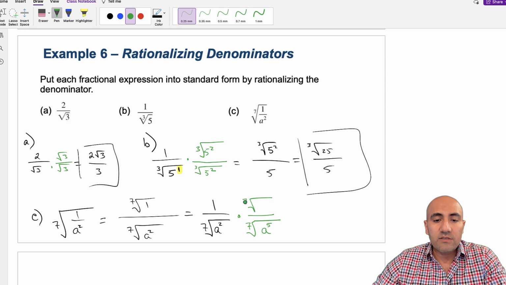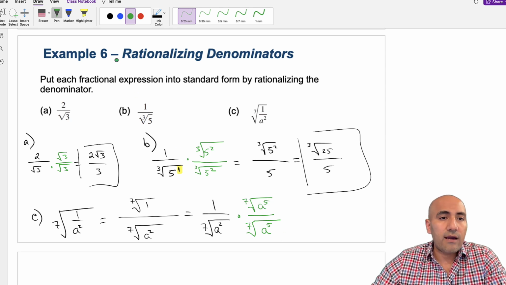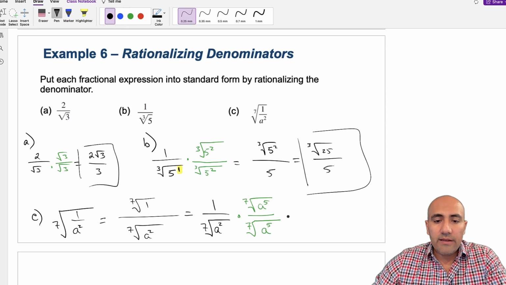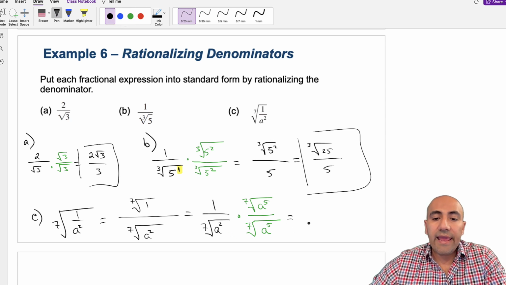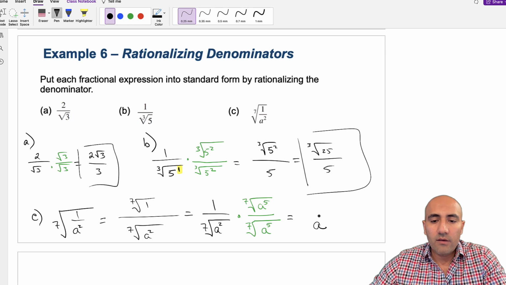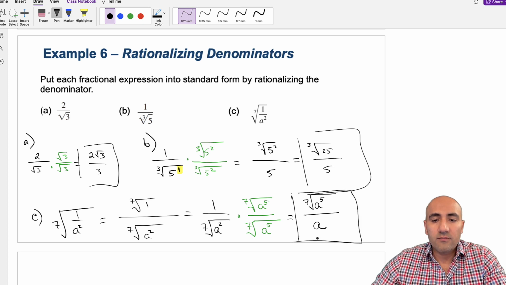So this becomes the 7th root of a to the 5th power. And so now the denominator is just going to be an a value, and the numerator, well, there's not much we can do from there, so it just becomes a to the 5th power inside this 7th root. Good, so then there's our answer.